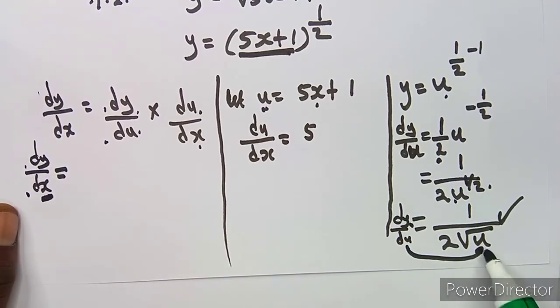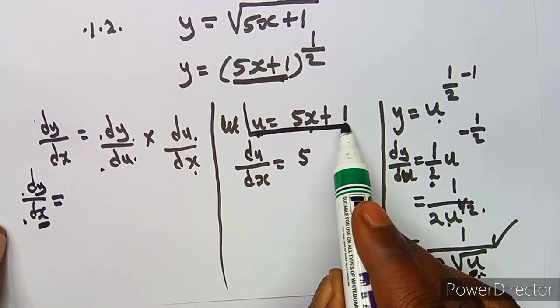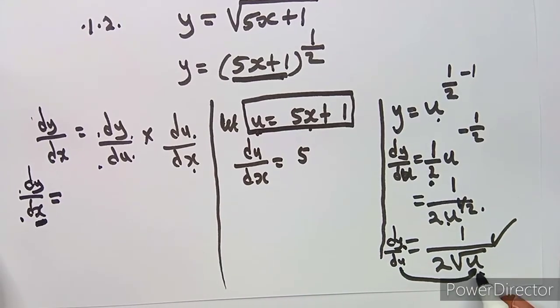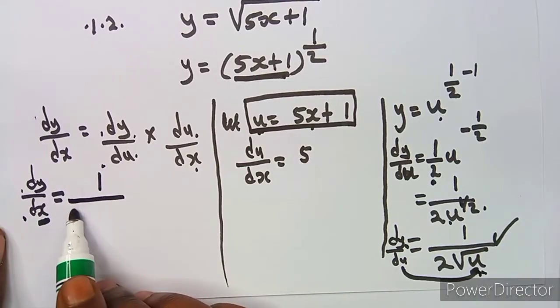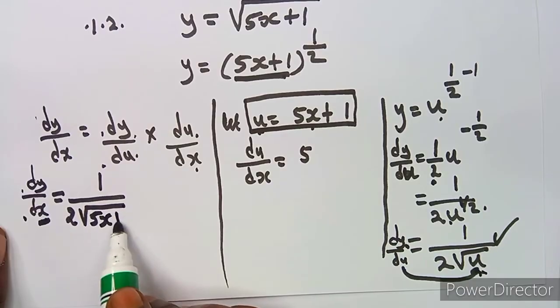So I'm supposed to substitute this u with the part which carries x, where I said let u be equal to 5x plus 1. So it's going to be 1 over 2 square root of 5x plus 1.